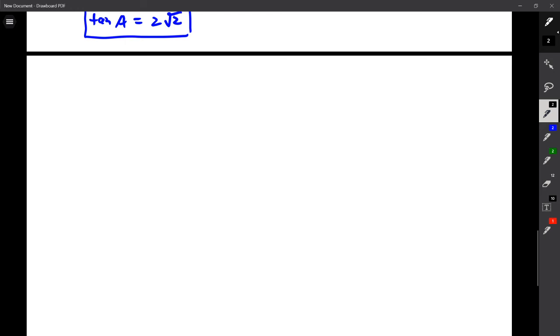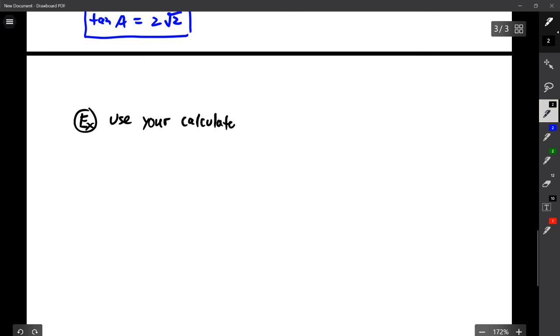And so what these problems look like is, I forget if it says use your calculator, but I'll say use your calculator to find the trig values.